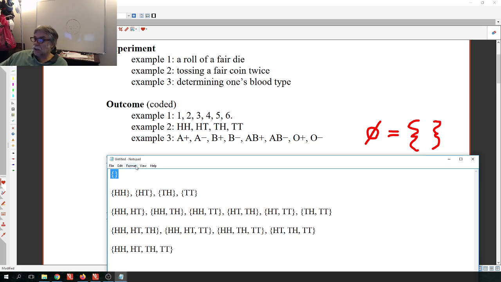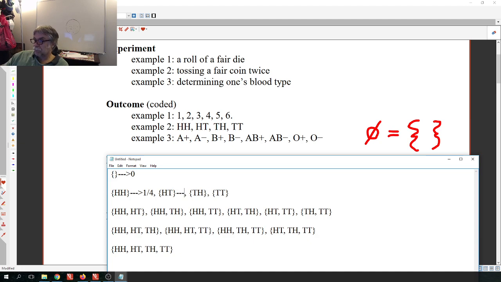So assignment here would be 0. Every one of these 4 guys, excuse me, would have to have assignment of 1 out of 4. So this one would have 1 out of 4.